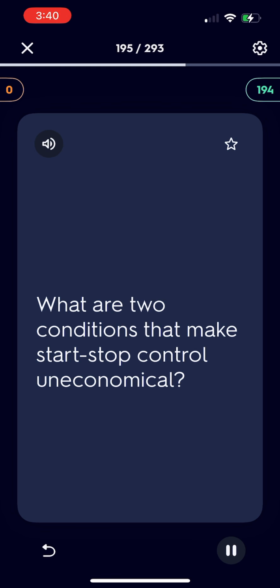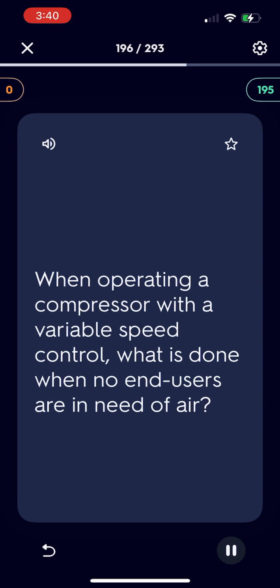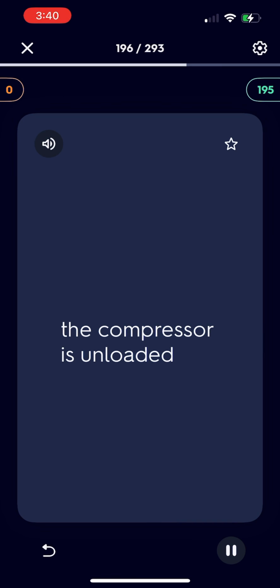What are two conditions that make start-stop control uneconomical? Continuous demand for air, and an undersized receiver. When operating a compressor with a variable speed control, what is done when no end users are in need of air? The compressor is unloaded.